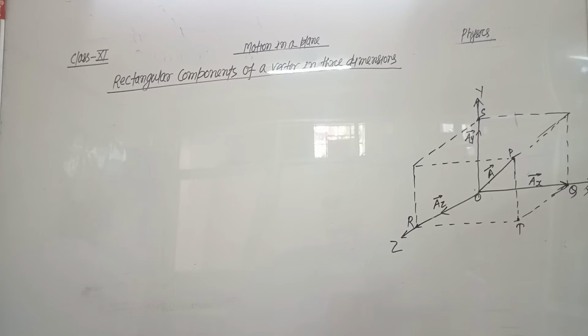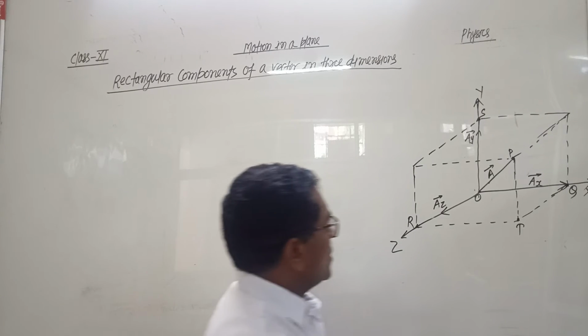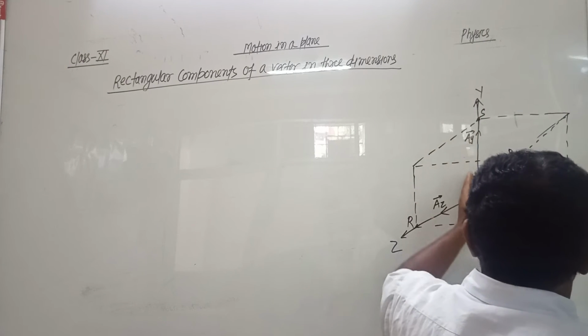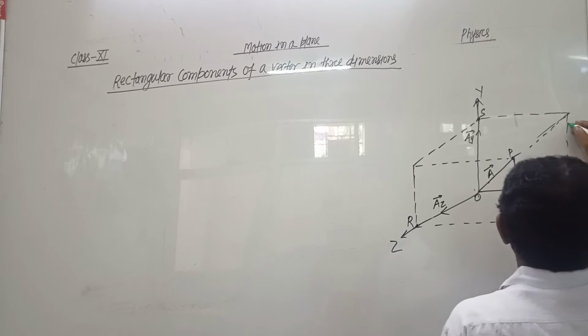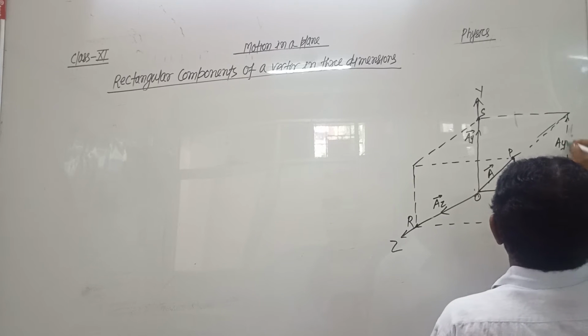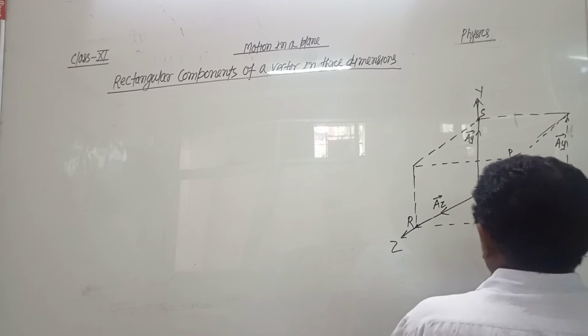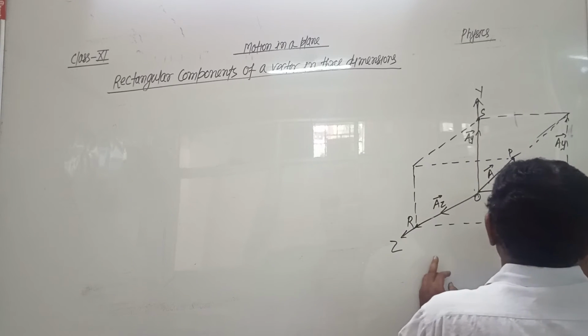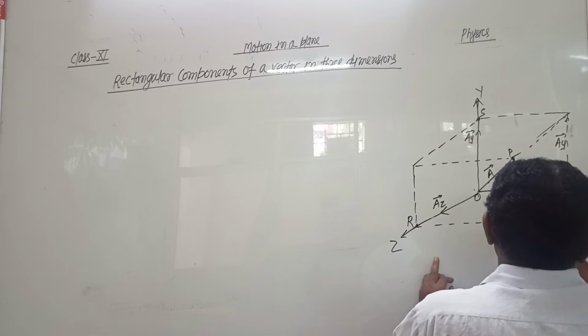So these are the components in x-axis, y-axis and z-axis. If this is vector AY, then this will also be vector AY. If this is AZ, then this vector will be AZ.